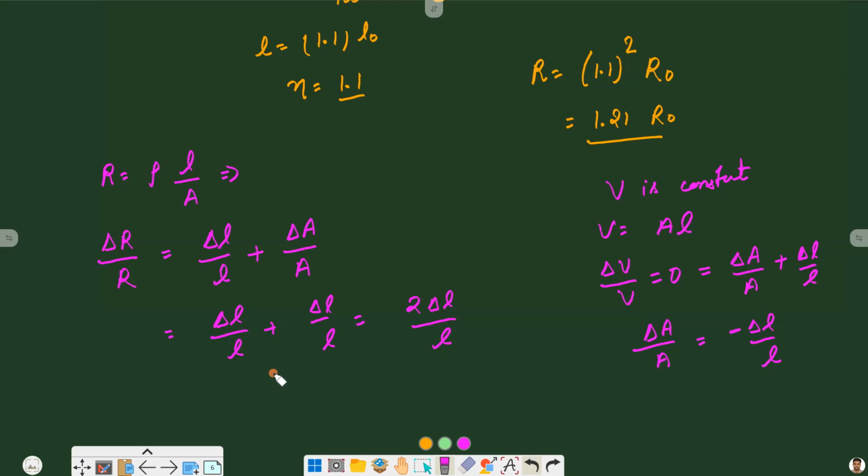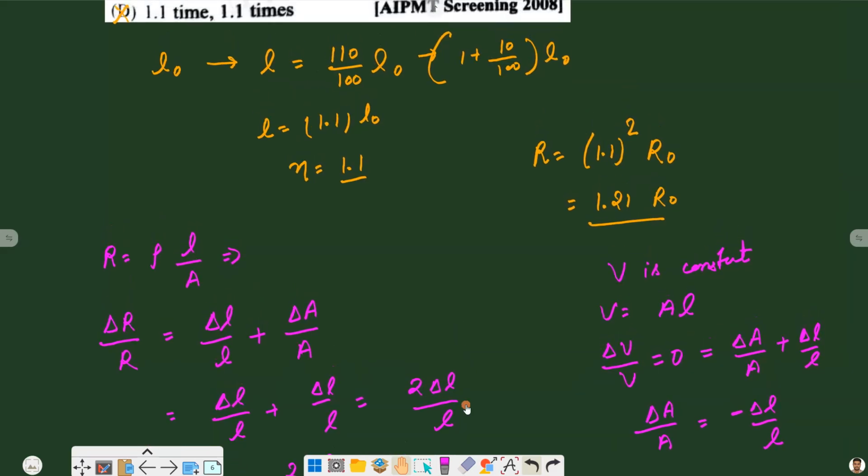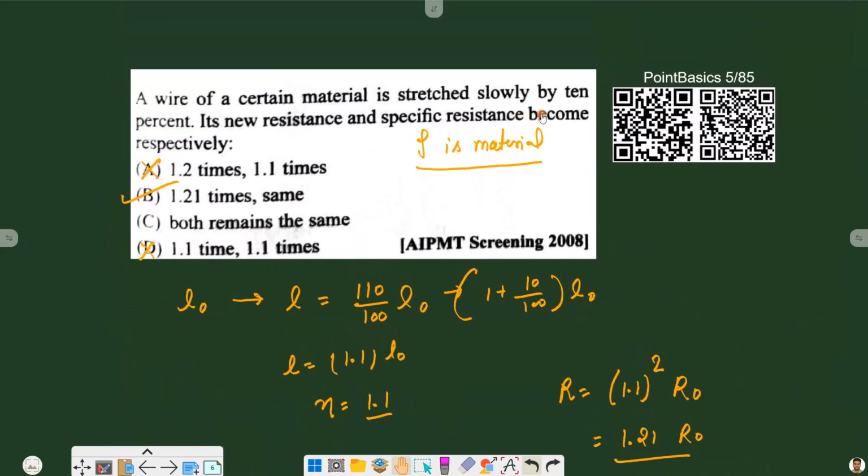Now what we can do? Now we can find out the percentage error. So delta R by R into 100 is equal to twice delta L by L into 100. Now we know that change in L, as mentioned in the question, is 10%, and what do we mean by 10%? 10% means 0.1.